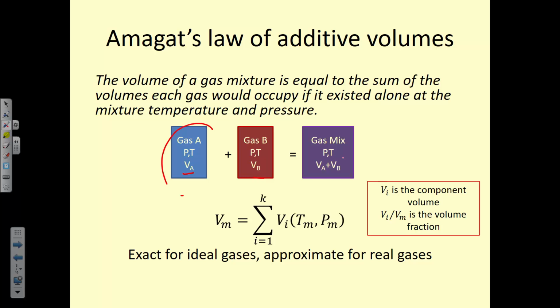If these gases are coming together at the same temperature and pressure, then it's easy to determine the final temperature and pressure of the mixture. But if they're coming in at different temperatures and pressures, then you often have to determine, using the ideal gas law and corrections, what the actual temperature and pressure will be. But we say it's just a combination of volumes if these gases were at the temperature and pressure of the mixture. Yes?